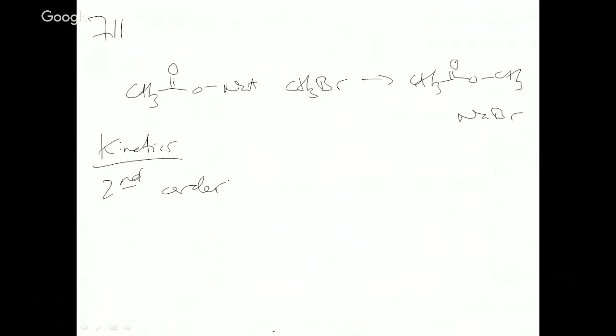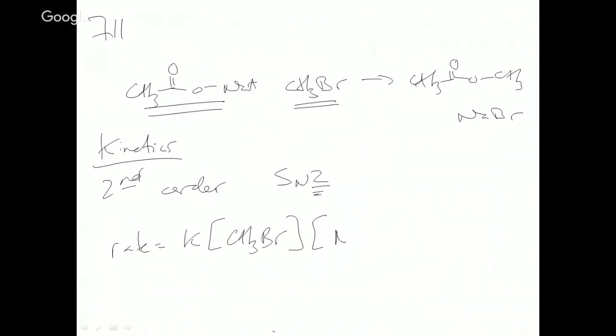I'm just going to say these things because I'm repeating them. Bimolecular means two molecules are involved. That's where we get SN2, second order. Both the electrophile and the nucleophile are involved in the rate law. The rate equals k times CH3Br times sodium acetate.